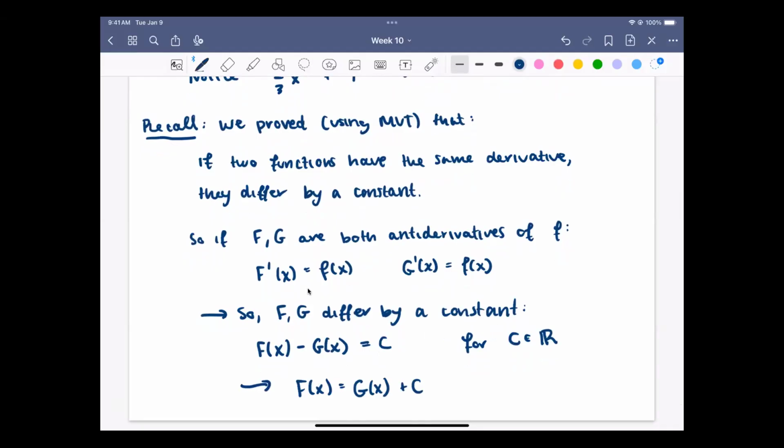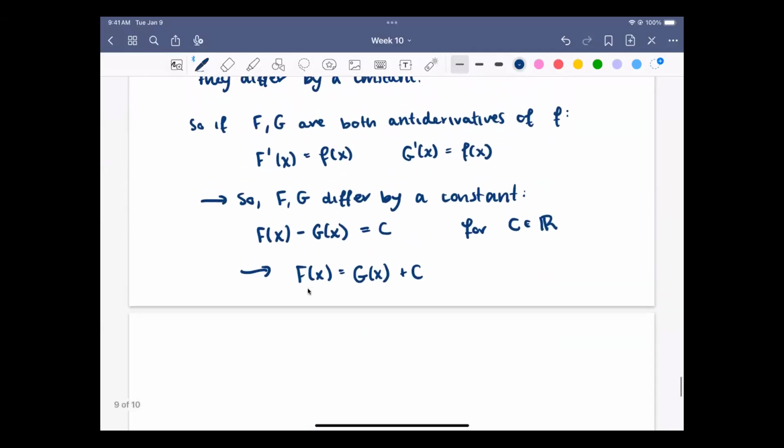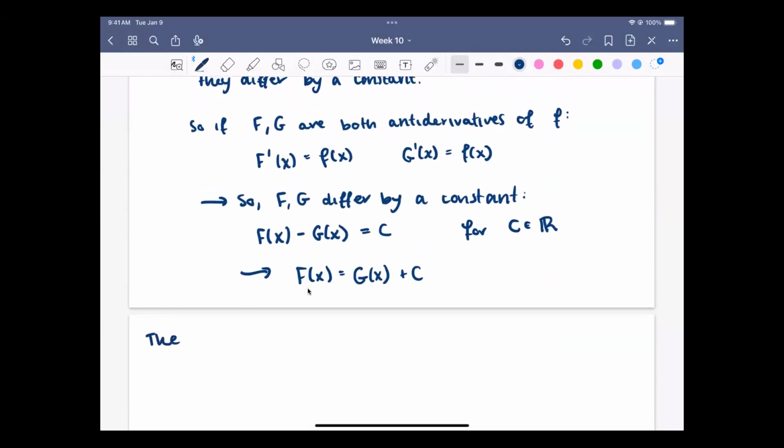Okay, so let me just summarize this in a theorem. By what we've just written here, we get the following theorem.